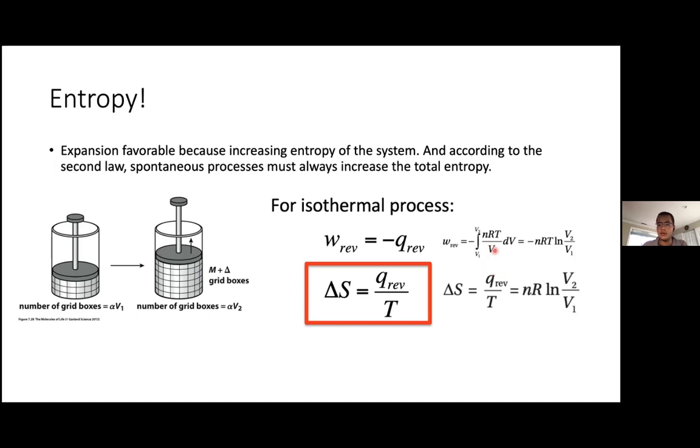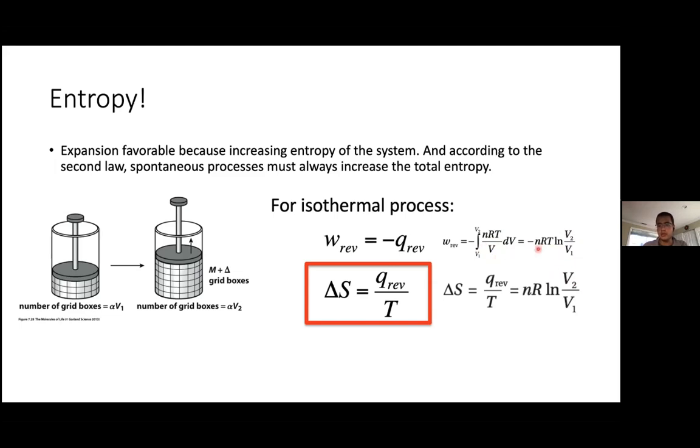And with the equation we all know, PV equals nRT, so P equals nRT over V. If you plug this into the equation for work, we get that the work equals negative nRT times the natural log of V2 over V1. So that's the volume that the gas goes to over the initial volume.